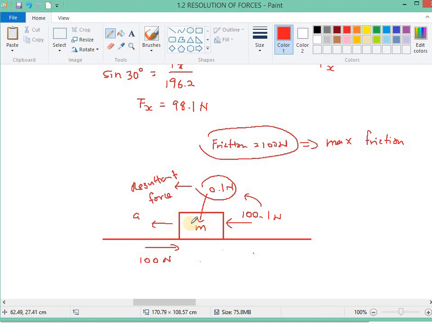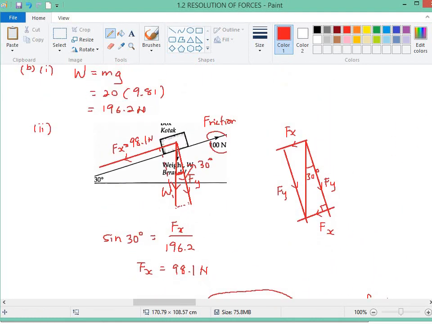So this object, this mass will be able to accelerate because of this extra 0.1 Newton. Okay, get the idea. So that means what happened to this box? The component that is parallel to the inclined plane is 98.1 Newton.